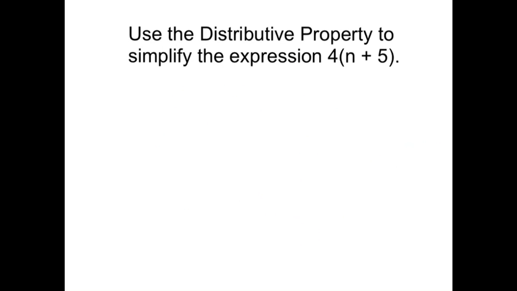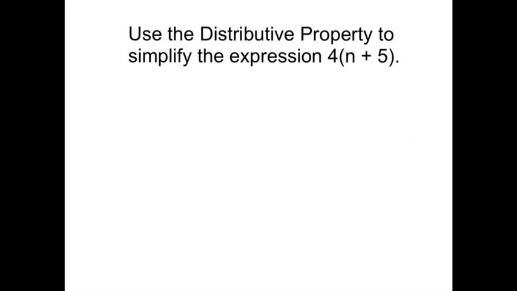Now we're getting to why the distributive property is very powerful. We need the distributive property to do a lot of the things we need to do in algebra. So in this case, use the distributive property to simplify the expression 4 times the quantity n plus 5.